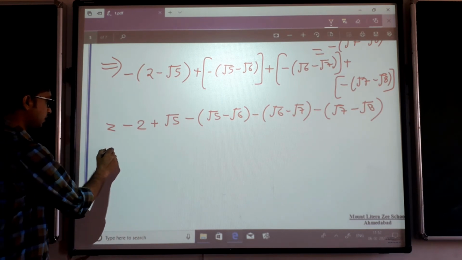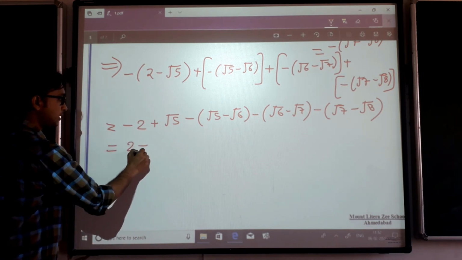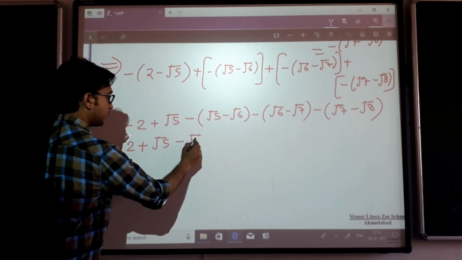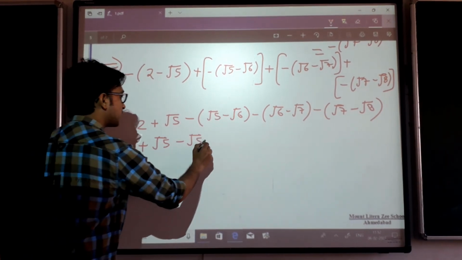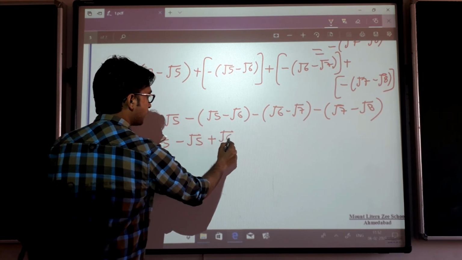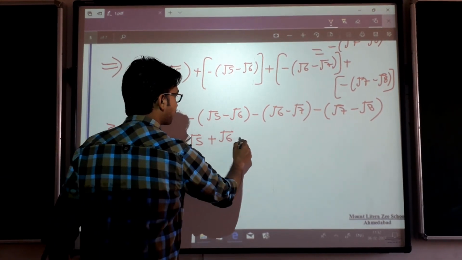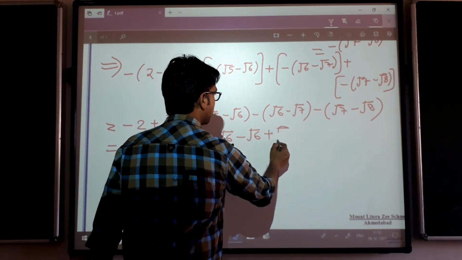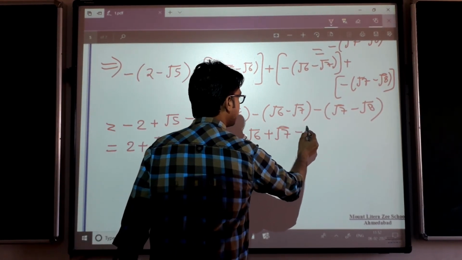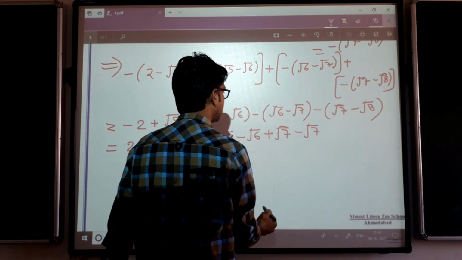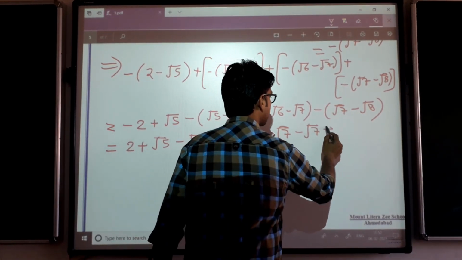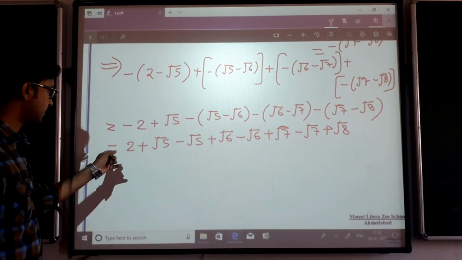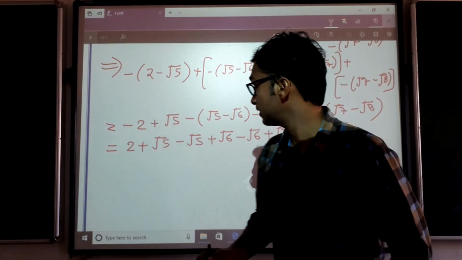Now we will open all the brackets. So minus 2 plus square root 5 minus square root 5, and minus minus becomes plus, so plus square root 6, then minus square root 6, then plus square root 7, then minus square root 7, and then plus square root 8. We get all these values.